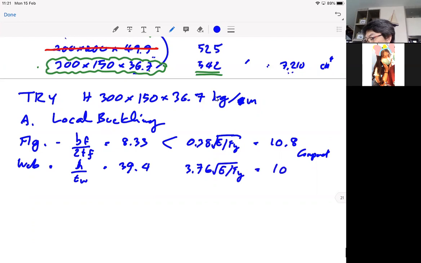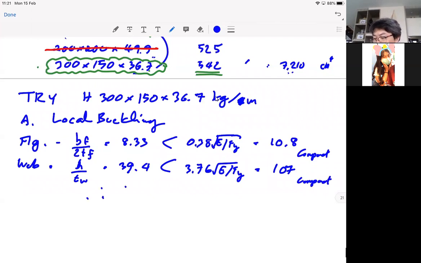That is 1, or I'm sorry, how come I have a different number here? One moment. Yeah, right. It should be 107. Okay, my note is wrong. So again, this is much less. So compact section again.